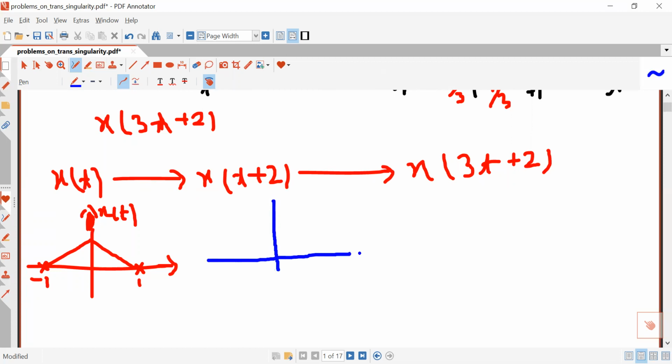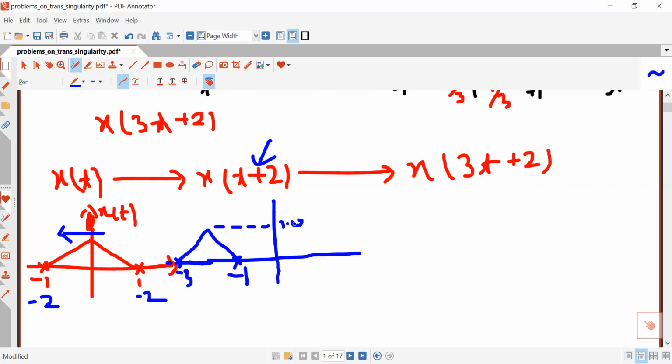You are going to shift the signal by 2 units in the left direction because the sign is plus. So you will subtract 2 from each coordinate. The shifted signal coordinates will be 1 minus 2, which is -1, and -1 minus 2, which is -3. So now the signal will exist between -1 and -3.